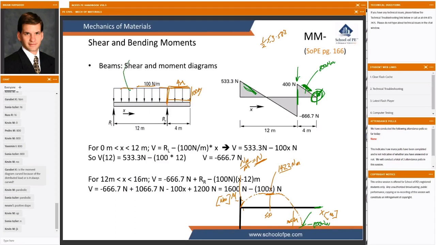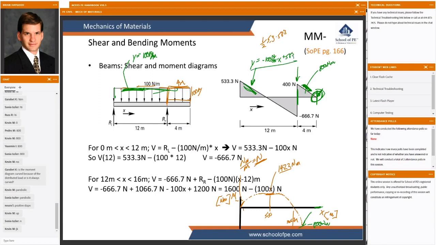So for example, the graph of this distributed load would be y equals 100 Newtons per meter. That's the graph of this horizontal line here that defines that distributed load. The graph of this line would be y equals minus, well, this is minus 100 Newtons per meter x plus some y-intercept, plus 533.